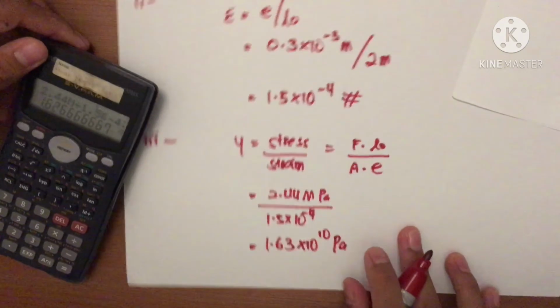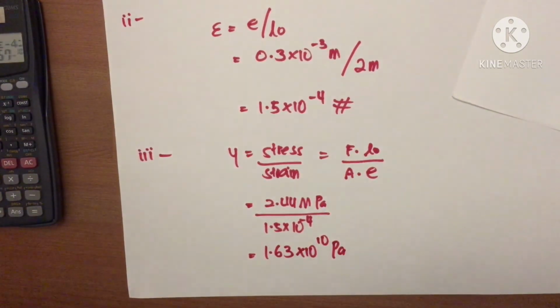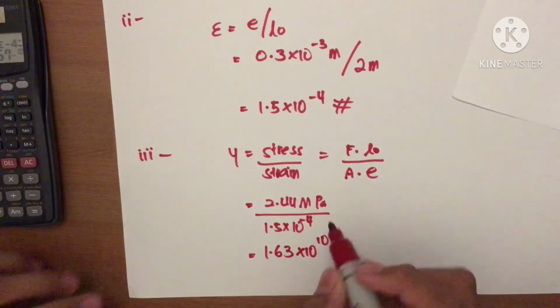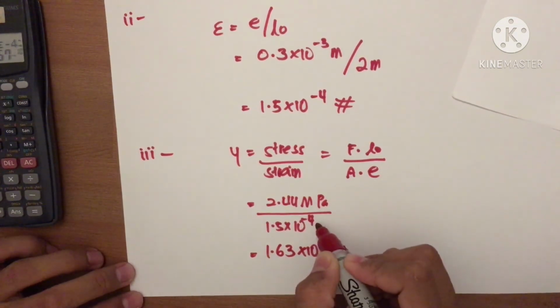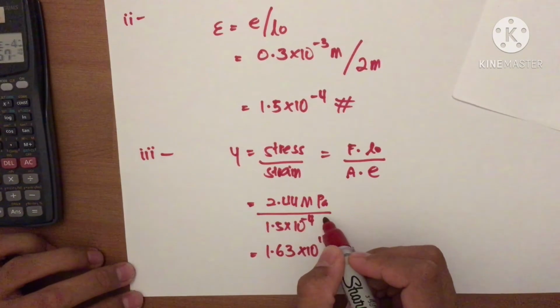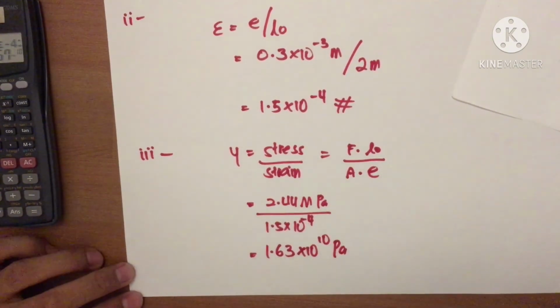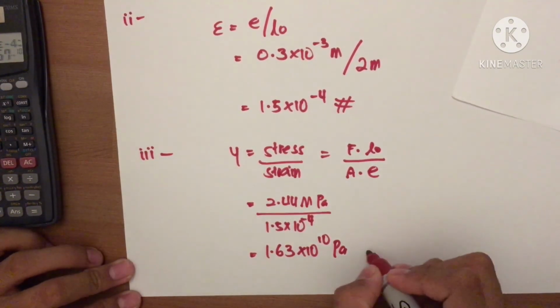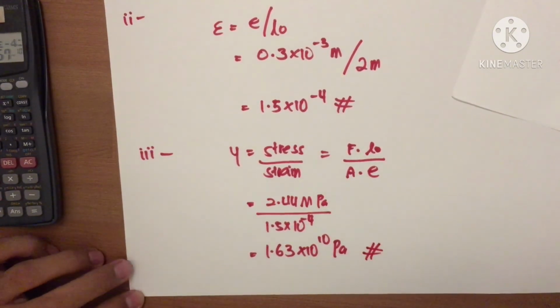The SI unit for the Young modulus is Pascal as well, because as you can see from here, there's no unit for the strain, but we do have the unit for the stress, so it's the same unit, Pascal. Okay, answered. First question done. All right.